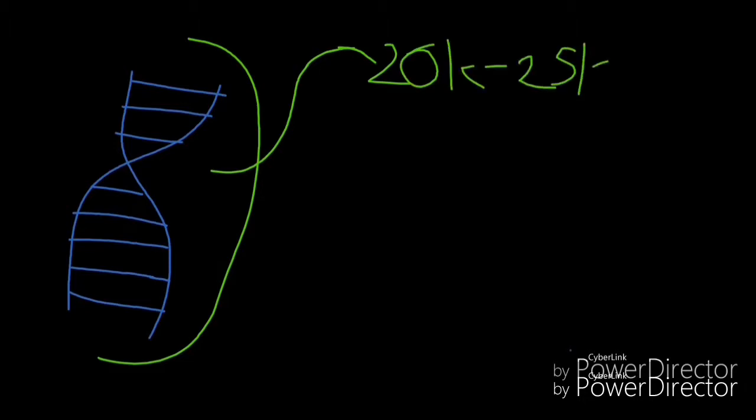However, the physical and functional unit of heredity is the gene. From the Human Genome Project, it is known that humans have about 20,000 to 25,000 genes.